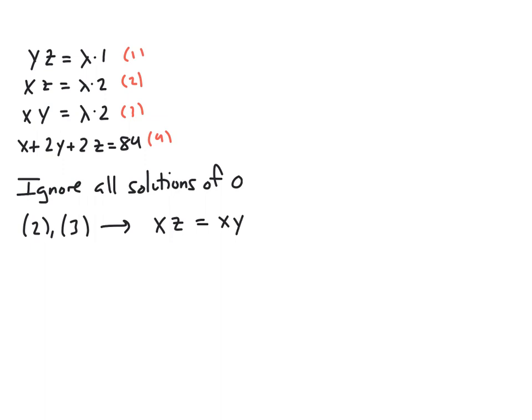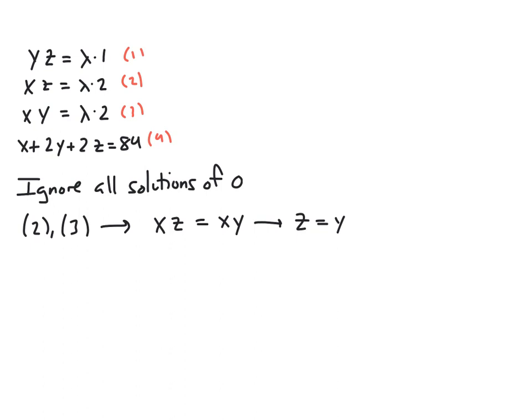And now there's 2 possible ways this equation could be true. The first is that we could have x equal to 0, but we just said we're going to ignore solutions of 0, so I'm going to assume x is not 0. And if x is not 0, then I can divide both sides by x, and I'm left with z equals y. And so we have this takeaway from combining equations 2 and 3, that y and z have to equal each other.